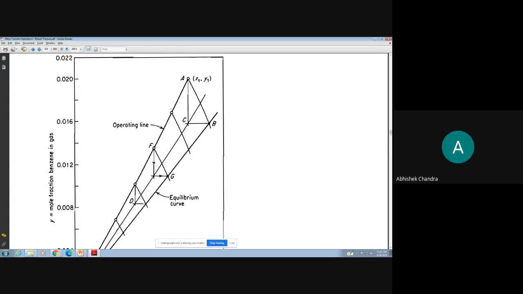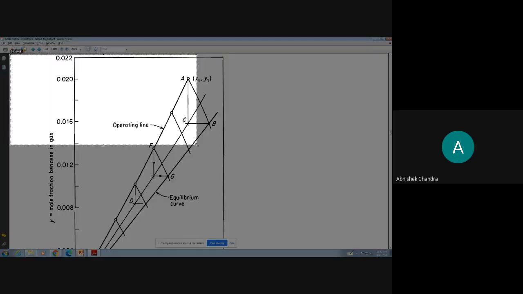For the equilibrium curve, you have the relationship already, you know how to draw this equilibrium curve. With the help of this relationship you can find out the operating line.